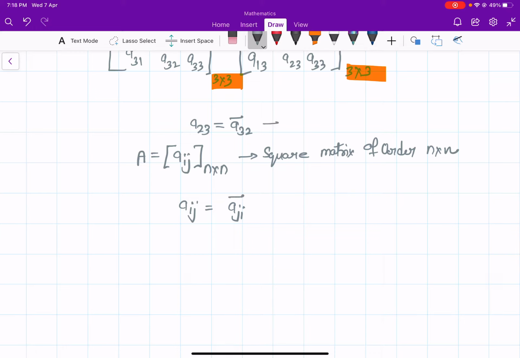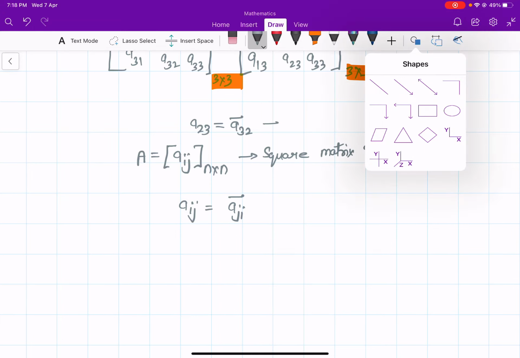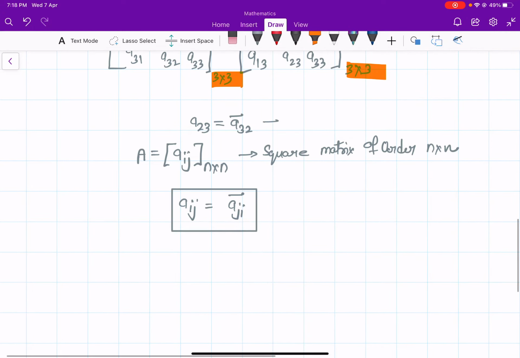Here you can see 2 is converted into 3 and 3 is converted into 2, so rows interchange into columns and columns into rows. This is the condition for the elements in a Hermitian matrix.